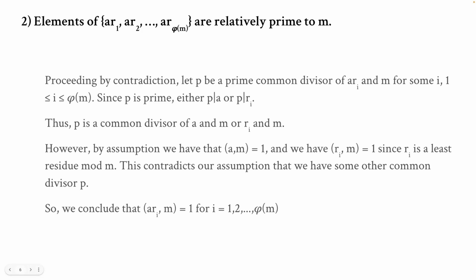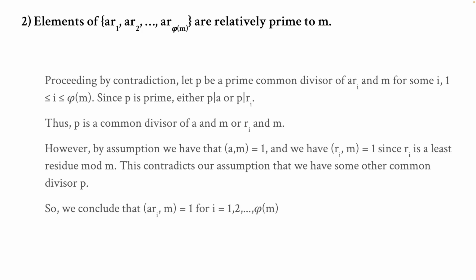Proving that the elements of our set of ar's are all coprime to m, and we'll do this by contradiction. So let p be a prime common divisor of ar_i and m for some index i. Since p is prime, we know that p has to divide either a or r_i. So p is either a common divisor of a and m, or it's a common divisor of r_i and m.